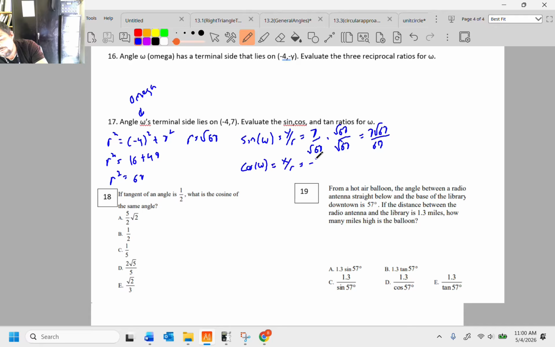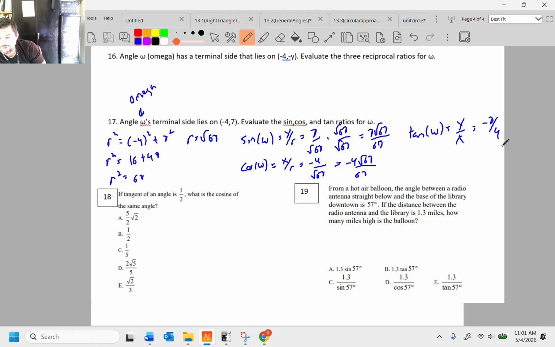So it's going to be -4 over root 67, which cleans up to be -4 root 67 over 67. And finally, for the tangent of omega, I'm going to take y and divide it by x. And I'm just going to get -7/4. Easy peasy lemon squeezy.